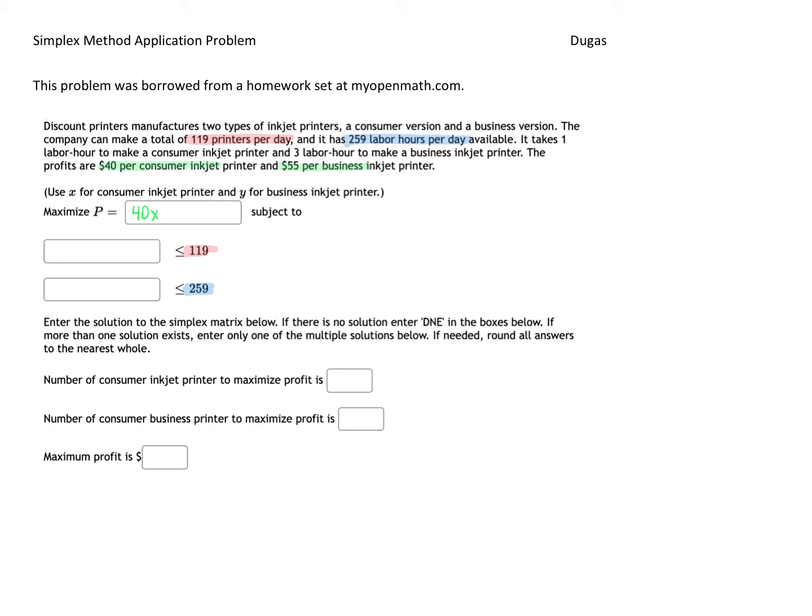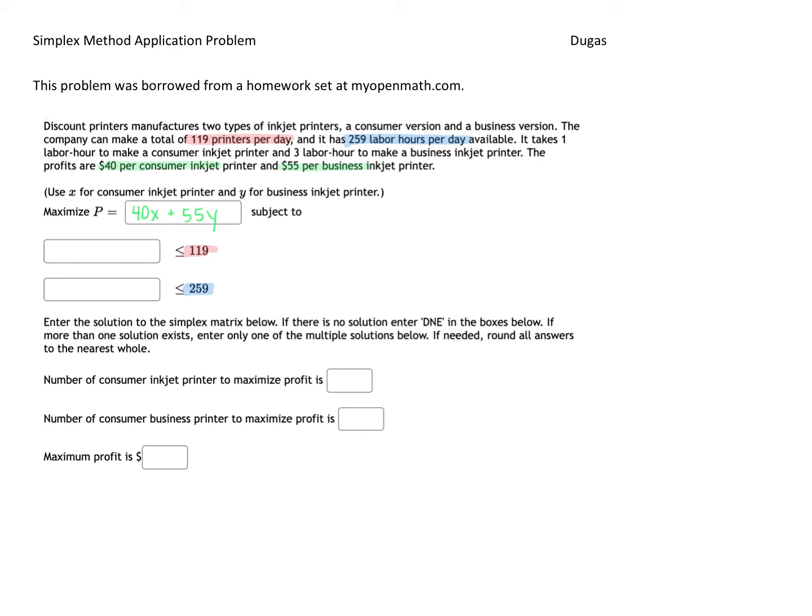And they get $55 per business printer, that's 55Y. If you add the profits for each of the types of printers, then you can find the total profit they can make off of both printers. That's going to be the equation for the profit, and we want to maximize that.